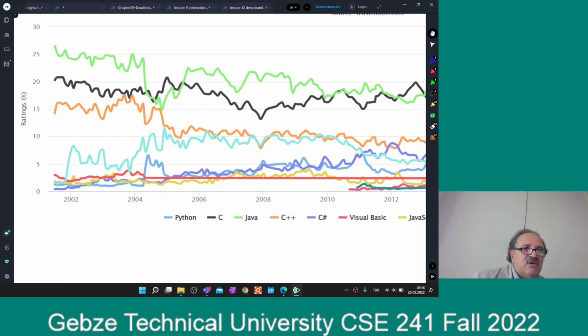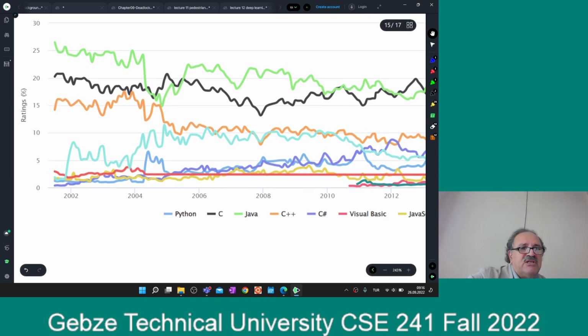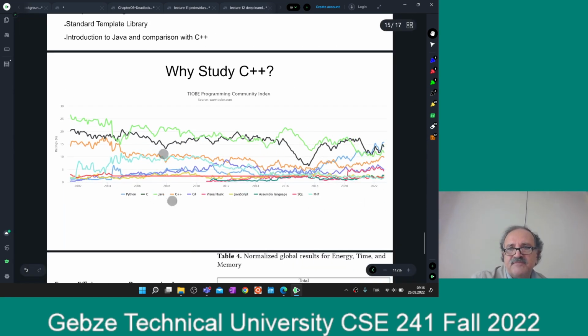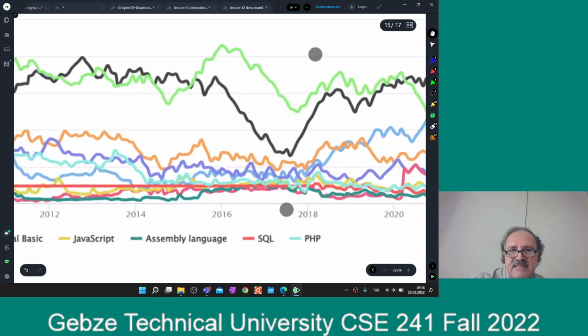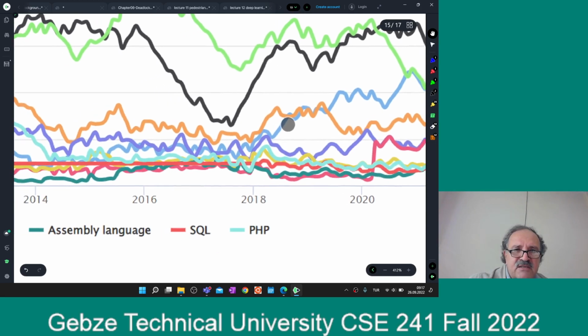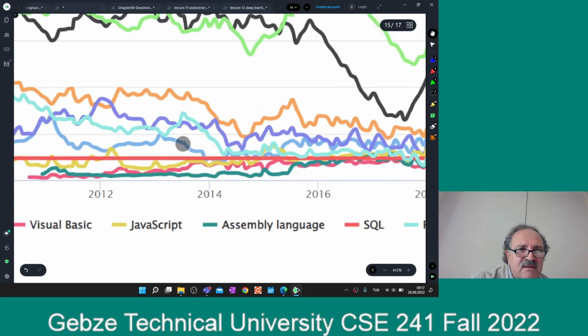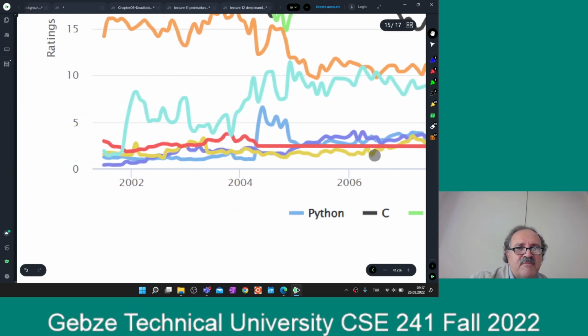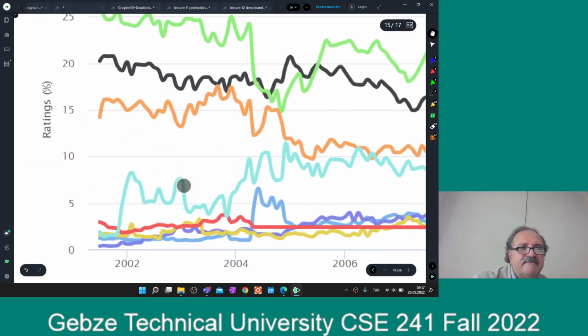And these are the numbers. So 25% of the people said that they are using Java in 2002. This is C and this is C++. And Python is this blue line. So it was here, and where is it? Yeah. So in 2002, Python was like there, right?